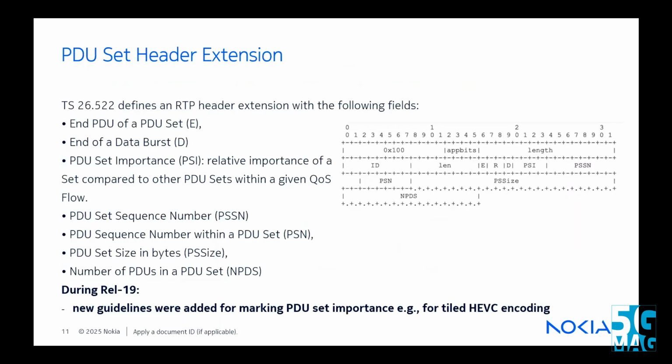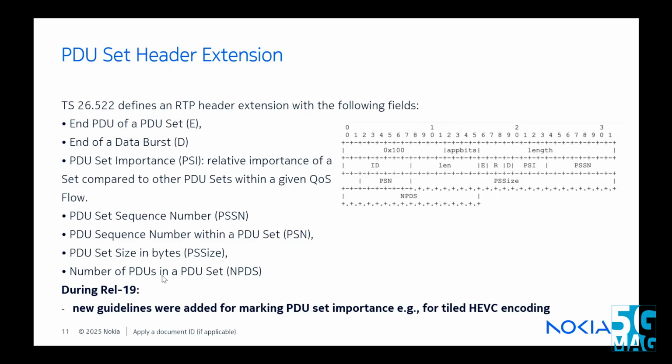All right, so a bit more detail about release 19. This is the release 18 feature we had, which was the RTP header extension. During release 19, we added some more. We already had some guidelines for how to set the PDU set importance, which, based on different types of media, you would want different importance assigned to different types of frames, for instance.